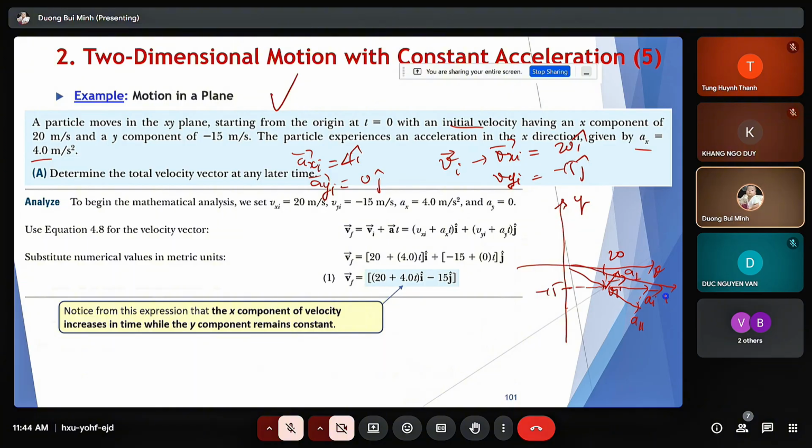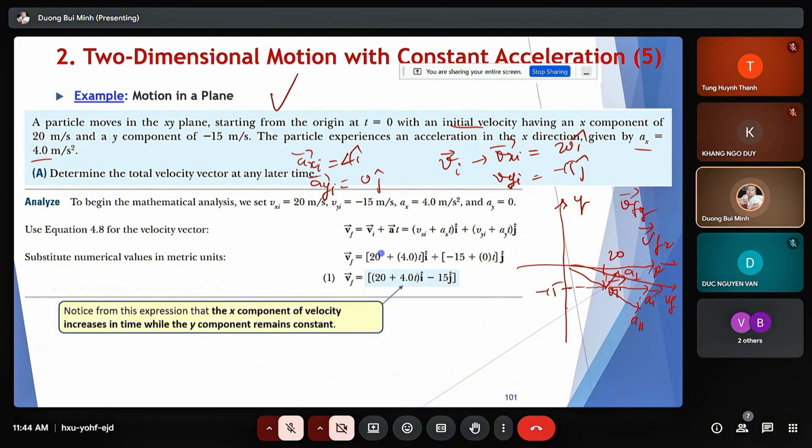The Vf like this. Because A parallel is in the same direction as Vi, the magnitude of Vf should increase, but then A perpendicular follows the counterclockwise direction, so it's Vf. That means you get more Vfx and less Vfy.